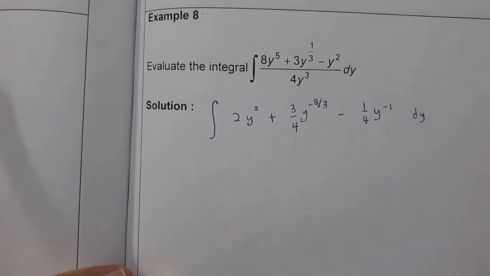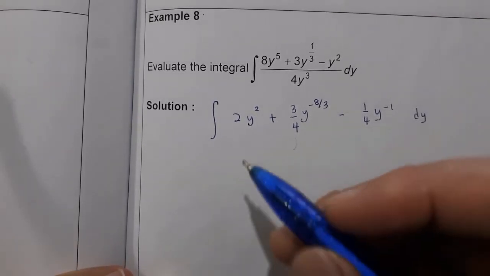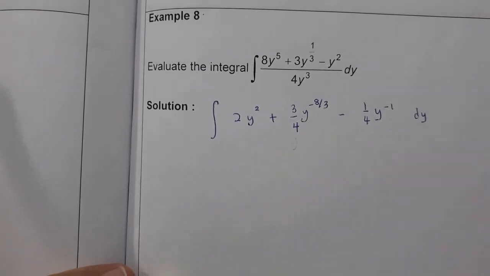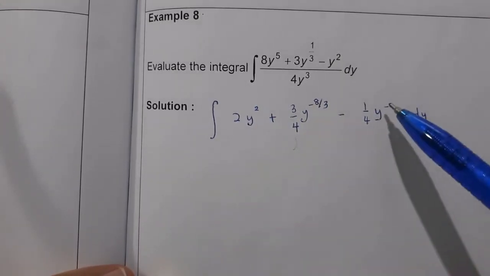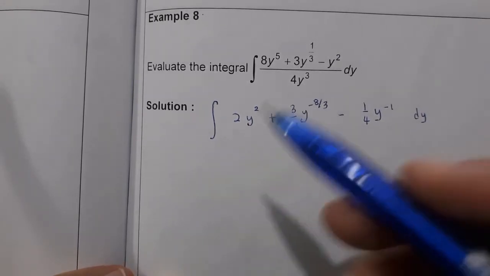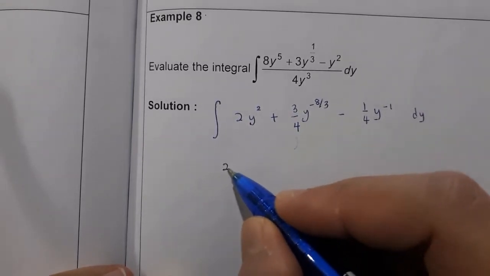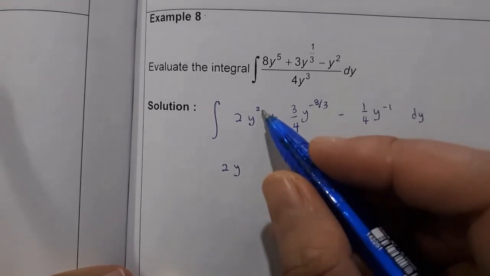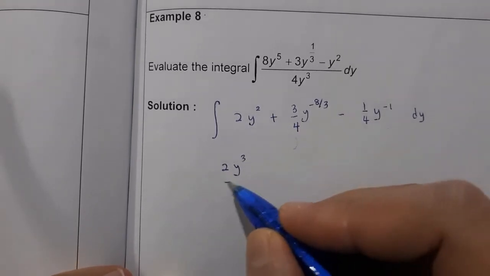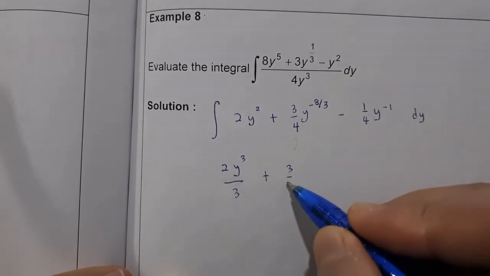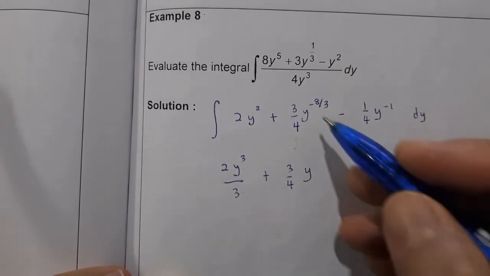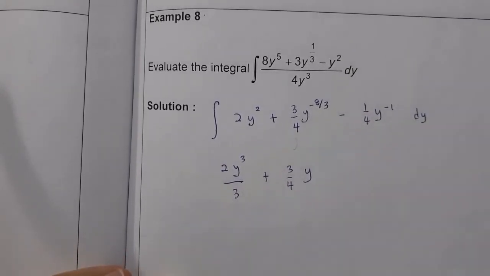Okay, now let's integrate. Since the equation is separated, first term, second term, third term. Okay, starting from the first term, 2y^(2+1), 3 over 3, plus 3/4 y^(-8/3) power 3 plus 1.